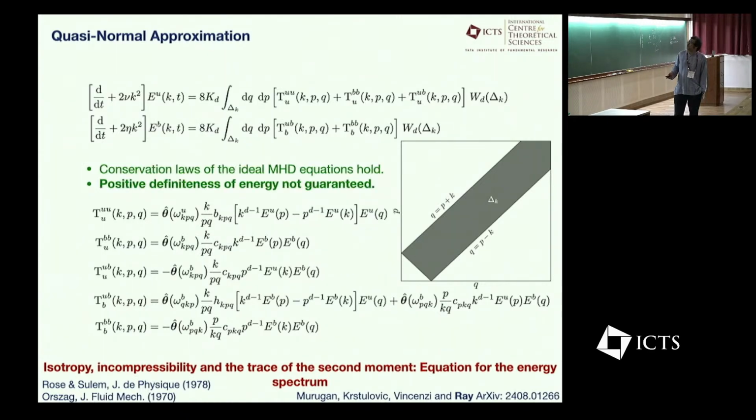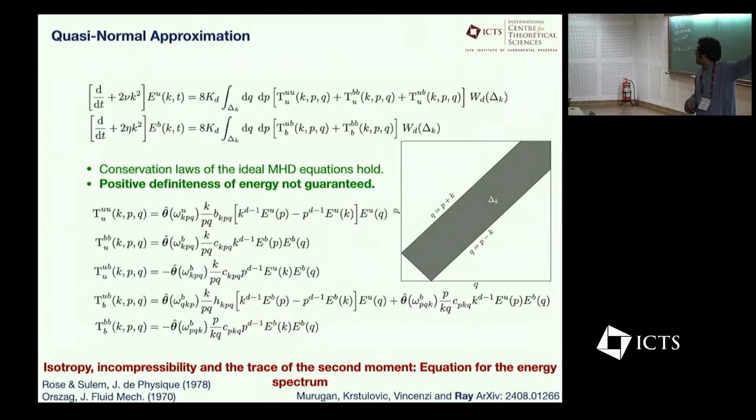Okay, all right. Now we can go forward a little, and when we write this thing down, all the small d's are the dimensional things, which have to do with the space dimension you're in, which has to do with the triangles of these triads. You essentially have good news and bad news. The good news is you're still conserving whatever you had to conserve in the original PDEs. The bad news is that positive definiteness of energy is not guaranteed.